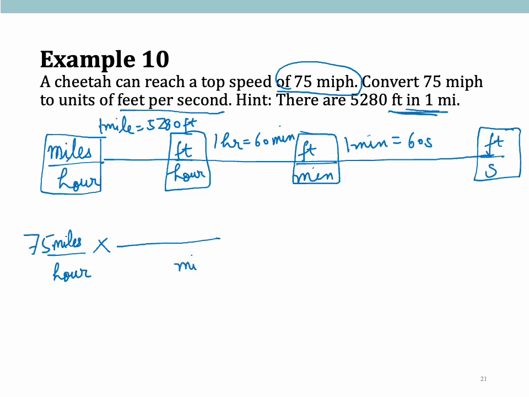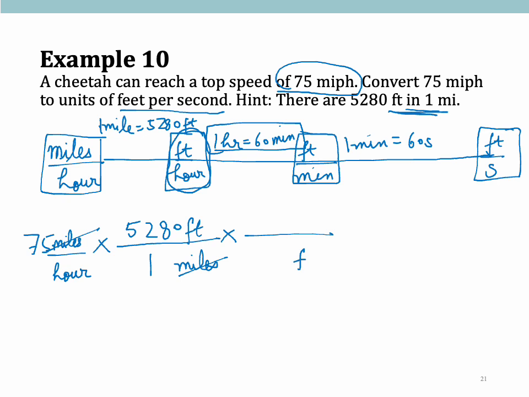Who goes in the bottom? Miles, because my starting is miles. So 1 mile, 5280 feet. Mile cancelled. I'm left with feet divided by hour, which is right here. That's what I wanted. Now we will multiply it with another factor that comes from this conversion factor. My starting unit is feet. So who goes in the bottom?